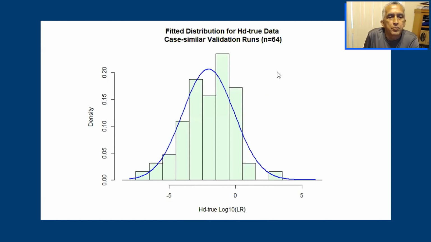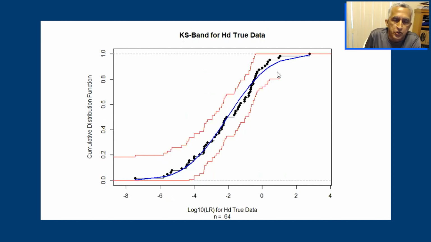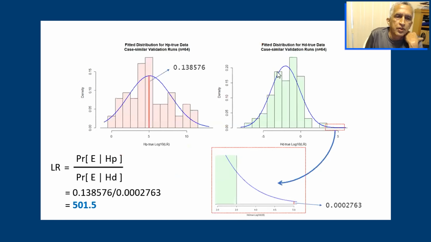And then you do the same thing for HD true data, fitted density, a Gaussian density here for illustration. Check to see if it's reasonable or at least not unreasonable. And if the diagnostic checks pass, you then use those models to assess the density values at the point of interest, which is log base 10 LR of 5 here.